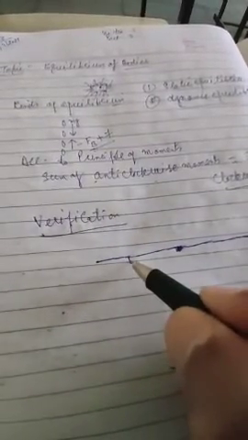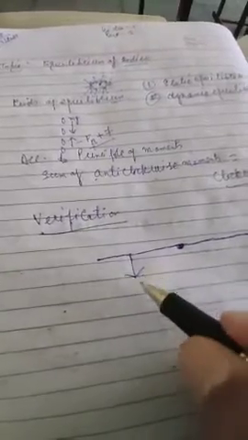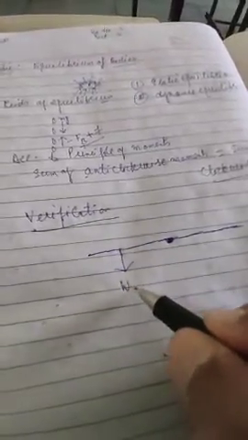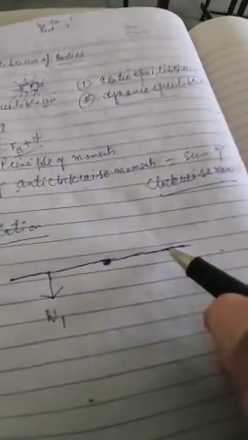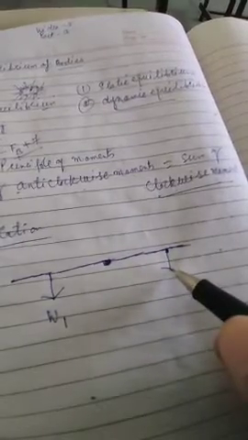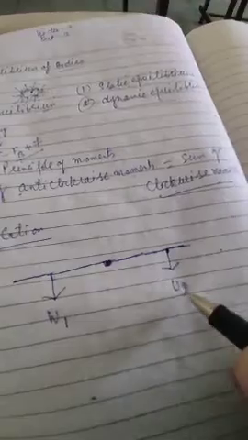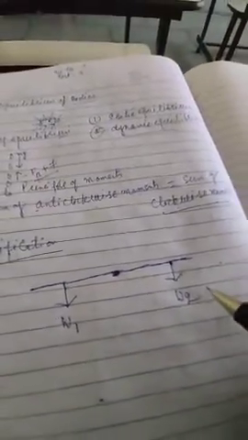Now, at this point the weight W1 is suspended, and at this point let the weight W2 be suspended.